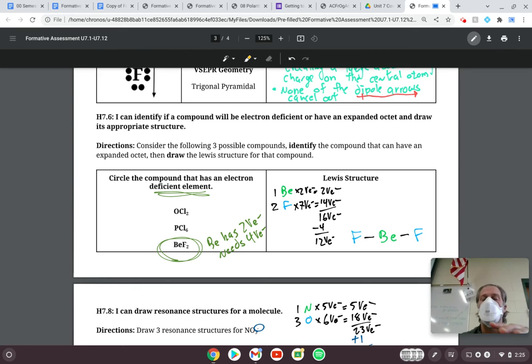Now I'm going to start finding homes by putting pairs: 2, 4, 6, 8, 10, 12. Now, my fluorine has 1 dash, which is 2 electrons, and 6 dots, which gets me up to 8 valence electrons. So both of my fluorines have the correct number of valence electrons, and beryllium has 2 dashes, which are 4 electrons, and that's the number of valence electrons that beryllium needs. So in this case, all of the atoms have the correct number of valence electrons. Questions?